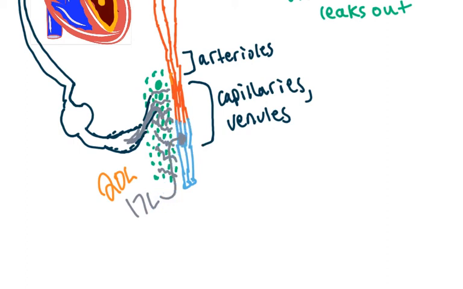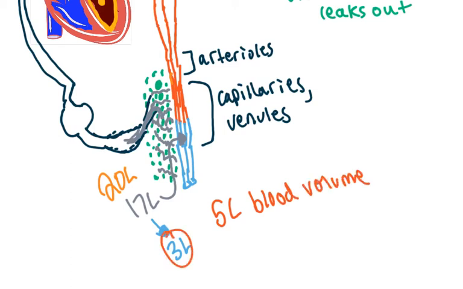But what about those 3 liters left, right? So this equates to 3 net liters of fluid still in our interstitial space. Remember that we only have 5 liters of blood volume in our body, and if 3 of those 5 liters is out of our blood vessels, that's super dangerous, right? That can lead to many fatal things.